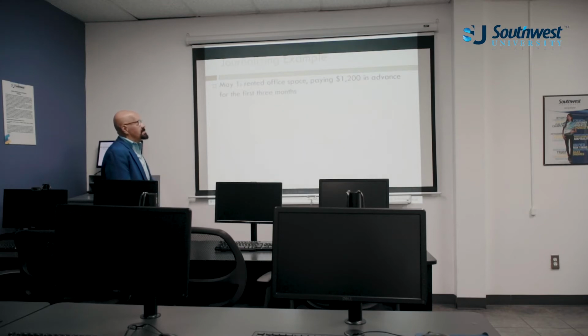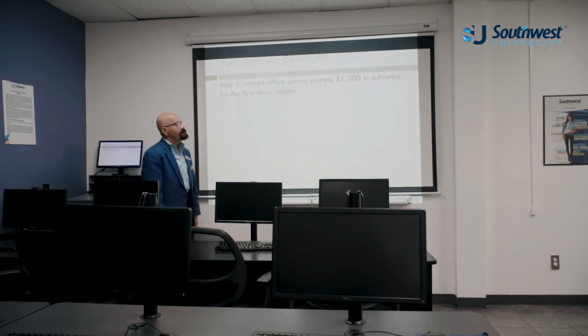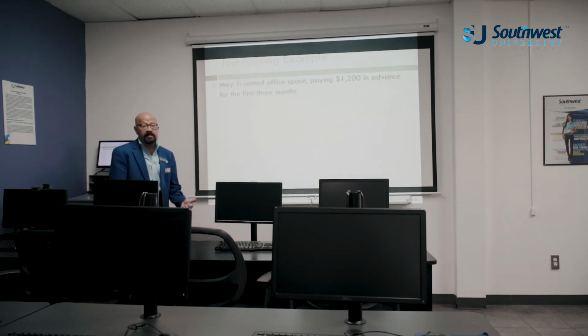Rented office space, paying $1,200 in advance for the first 3 months. Now, what's happened here is she's prepaid. And we're going to bring in a fairly new concept to you about prepaid expenses. This is very common.